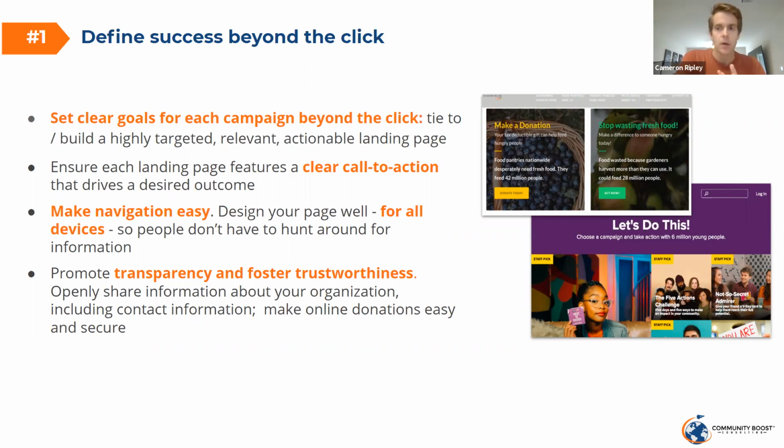It's growing. Google's prioritizing it. It really helps you get more impression share as well. And then last, promote transparency and foster trustworthiness. So openly share on your site about your organization's impact, how they can contact you, and definitely make the online donation experience as easy and as secure as possible.